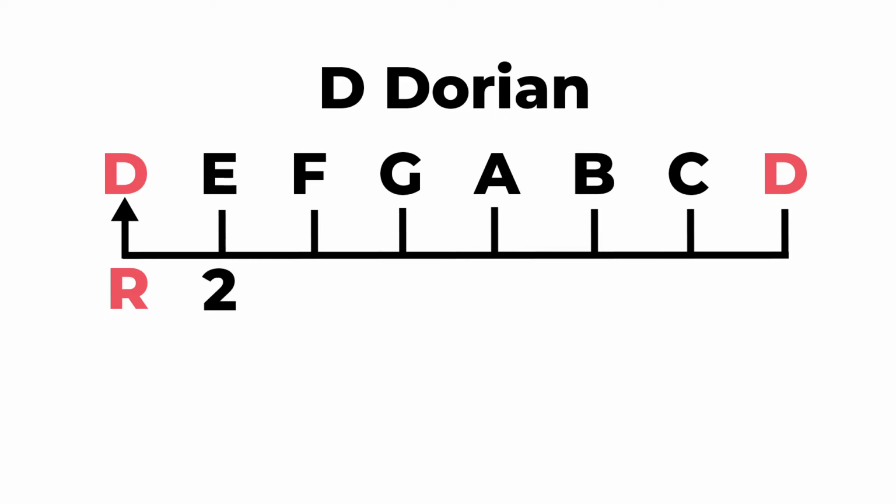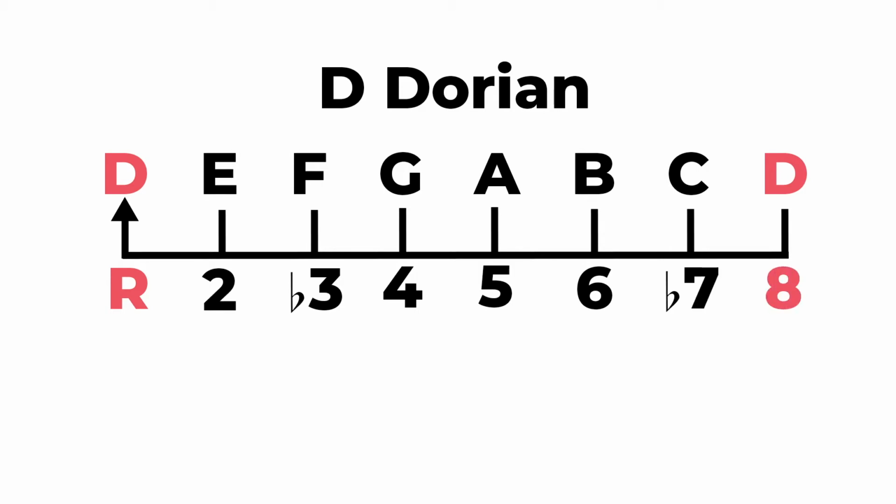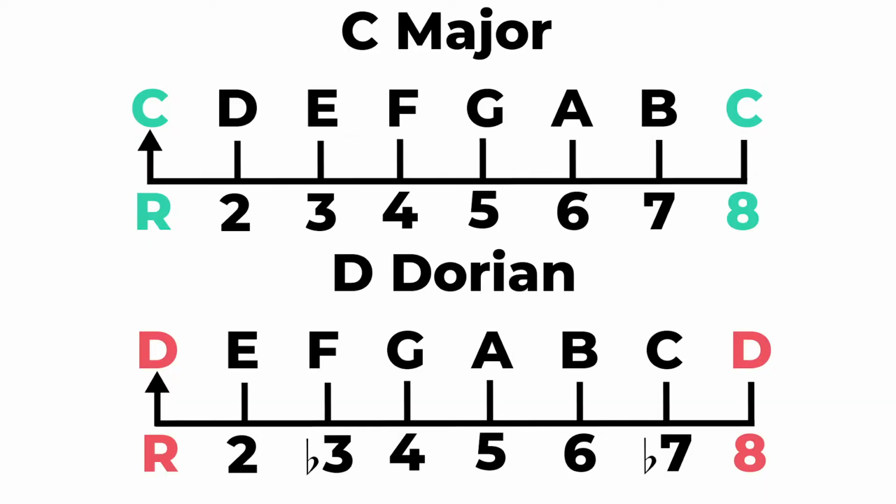The interval between D and F, though, is a flat third, also called a minor third. This process carries on to produce a scale formula that goes root, major second, minor third, perfect fourth, perfect fifth, major sixth, minor seventh. So you should be able to see that although D Dorian and C major share the same notes, the intervallic formulas that describe the scales are different.